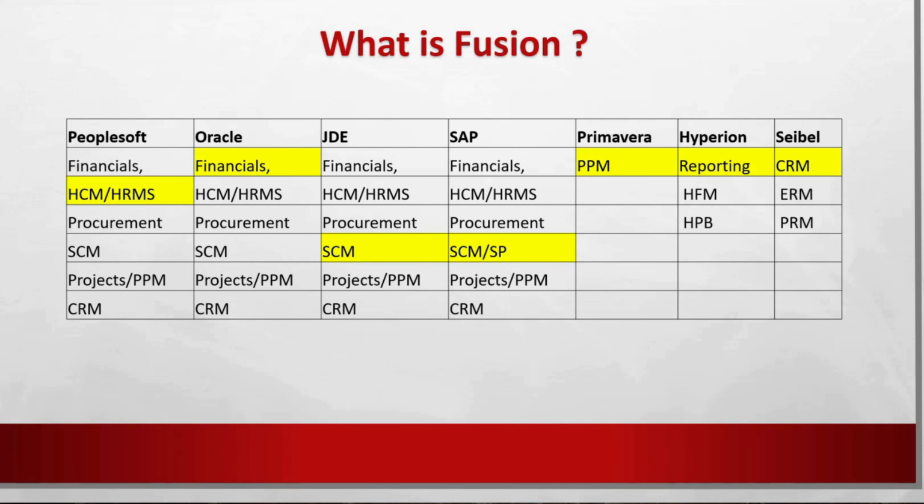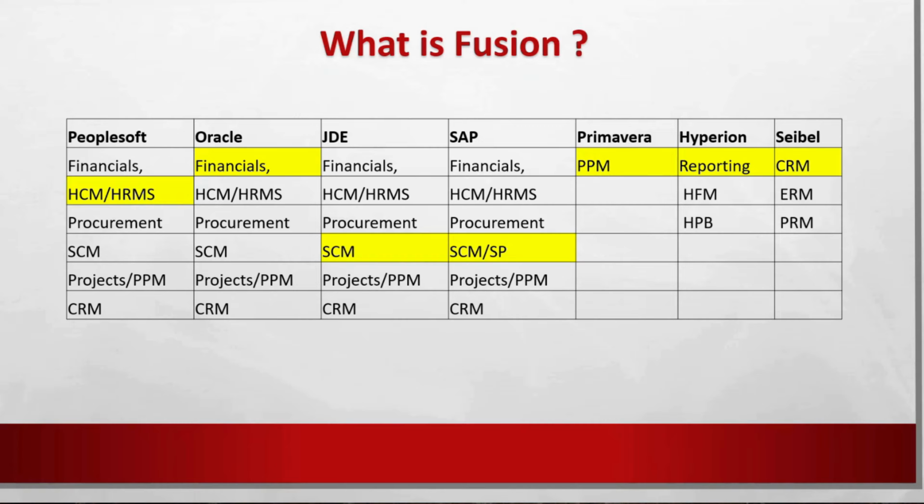Coming to Oracle. Oracle also works with various applications like financials, HCM, HRMS, procurement, SCM, projects, PPM, CRM, all those things. But the best application in Oracle was financials. Coming to JD Edwards, in the market even JD Edwards existed, which also had various applications, but SCM was their core.